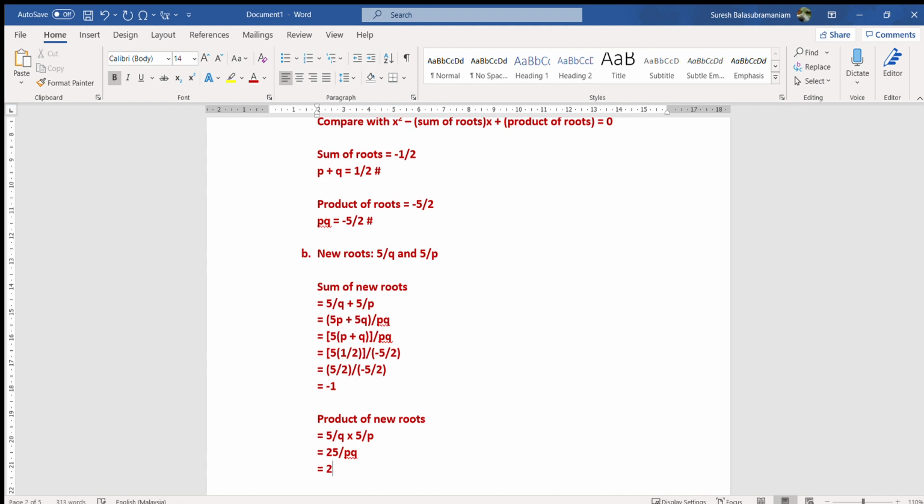Equals to 25 over pq is negative 5 over 2, so I can just replace that negative 5 over 2, so equals to 25 multiply, I'll bring it up, negative 2 over 5. So division becomes a multiplication.